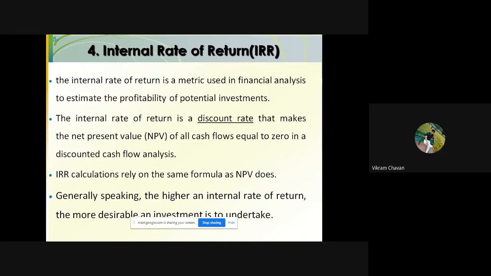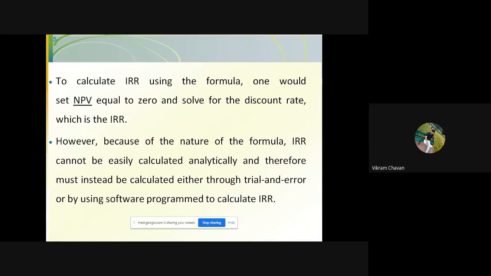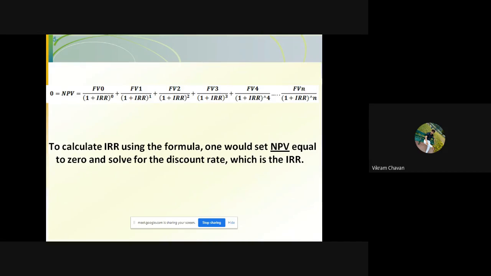So this internal rate of return uses the same formula as net present value. We have seen the formula: NPV is equal to FV0 divided by (1 plus IRR) raised to 0, plus FV1 divided by (1 plus IRR) raised to 1, plus FV2 divided by (1 plus IRR) raised to 2, up to FVn divided by (1 plus IRR) raised to n.